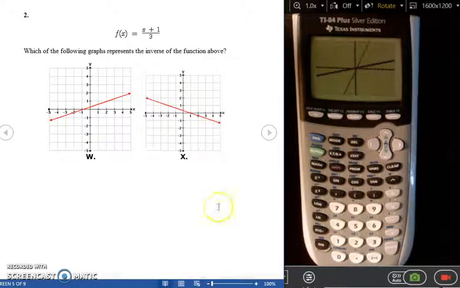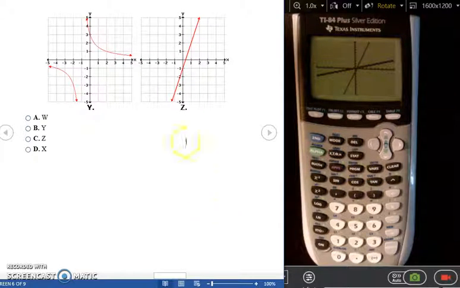I need a line that's increasing. Y, that's curves, so it can't be Y. And then Z here crosses the y-axis at -1, which looks about right on my graph here. And so that means Z, choice C, is going to be my final answer.